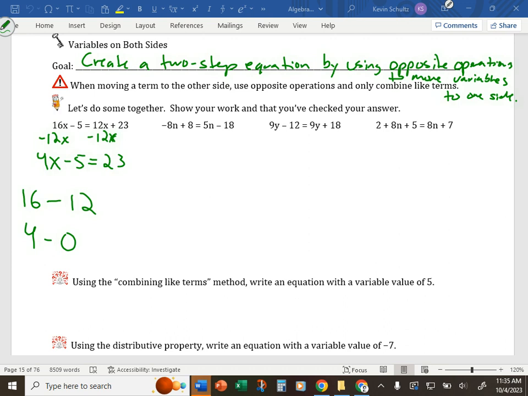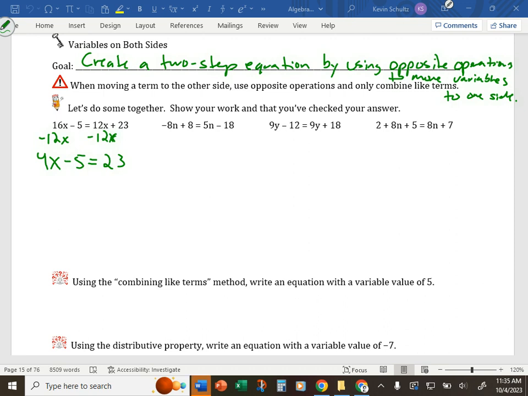Whether the score is 4-0, 16-12, or 100-96, you're up by 4, essentially, right? In this equation, the left side of the equation is up by 4 because it has 4 more x's. And so when you subtract those 12 x's from the right side, it's like you've got 0 x's left there, you've got 4 over here because you have 4 more than to start with. Does that make sense?